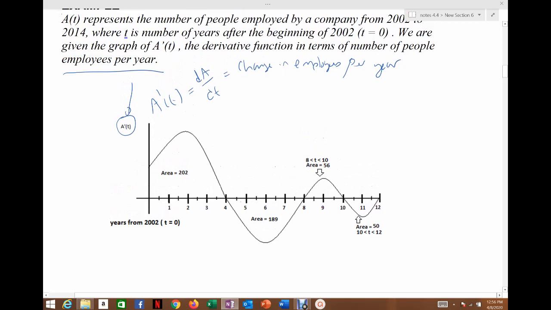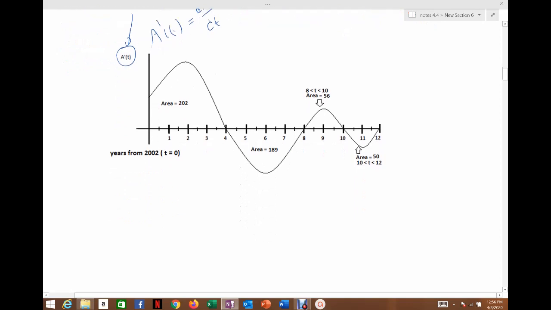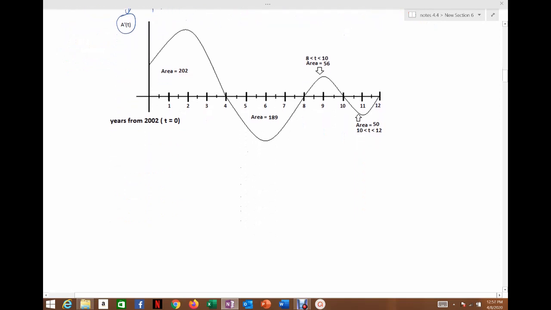Based on the economy, over some years they'd be adding employees because they're booming and growing, and some years they'd be losing employees because the economy is going bad, and they've had to fire people. This would be how it happened over the years.